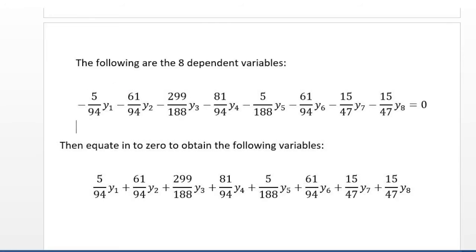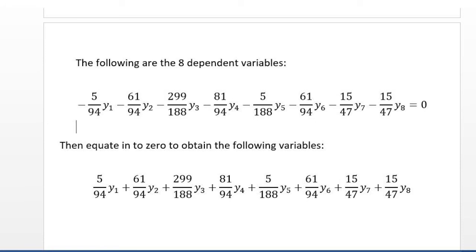And this is now the dependent variable equation: negative 5 over 94 y sub 1 minus 61 over 94 y sub 2 minus 299 over 188 y sub 3 minus 81 over 94 y sub 4 minus 5 over 188 y sub 5 minus 61 over 94 y sub 6 minus 15 over 47 y sub 7 minus 15 over 47 y sub 8 is equal to 0.